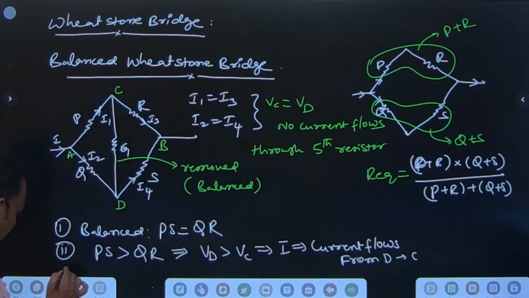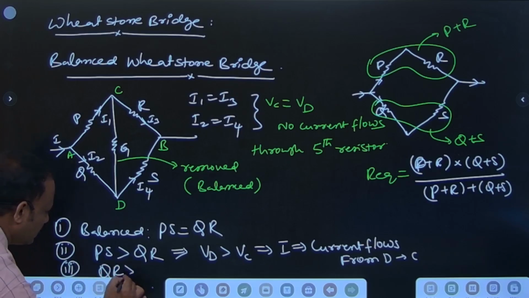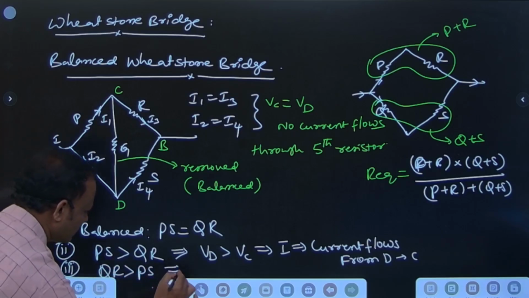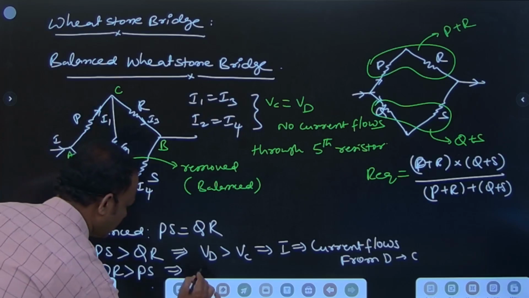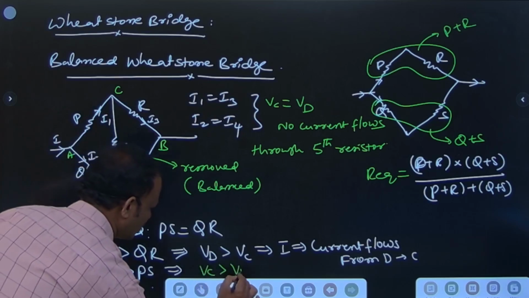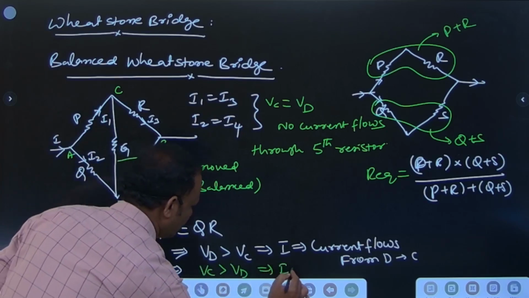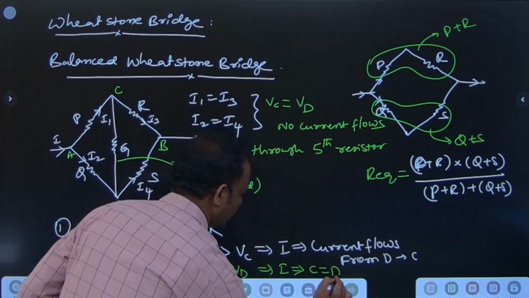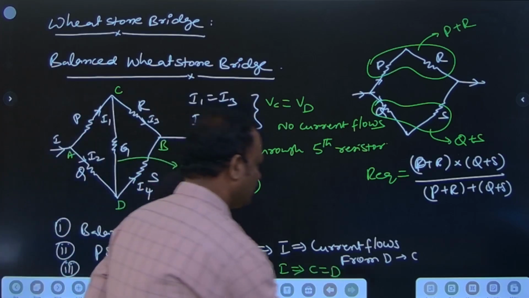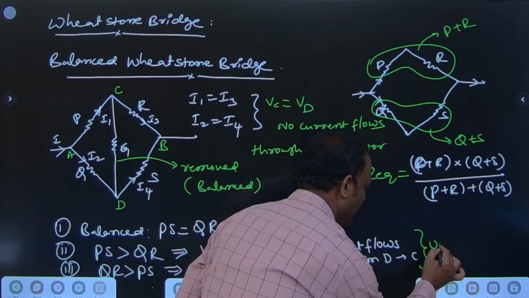Next, for the third case, QR is greater than PS. QR is the product of these two. QR is greater than PS. So potential at C is greater than potential at D. Current flows from C to D. This is called unbalanced.